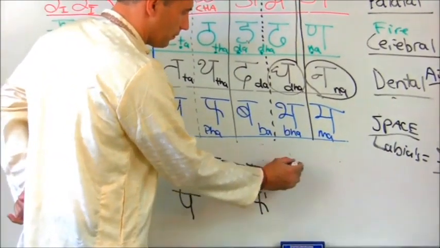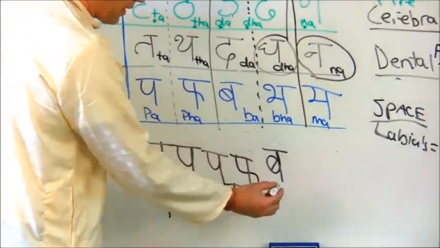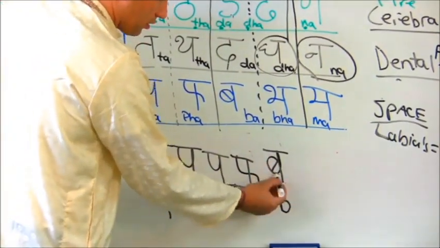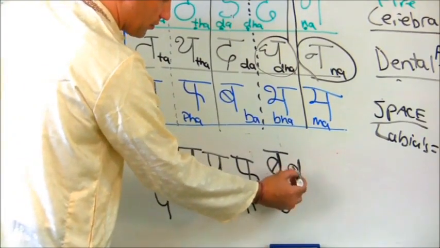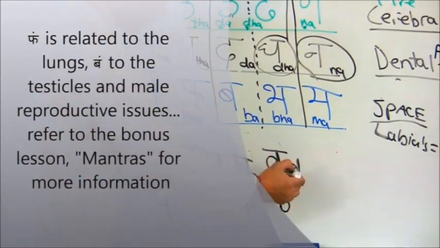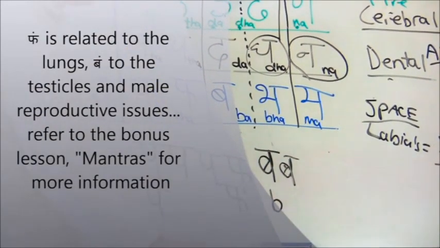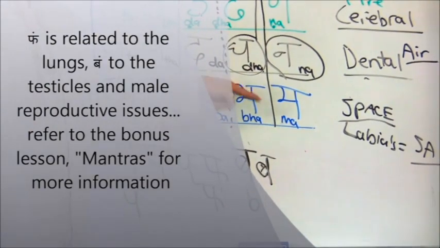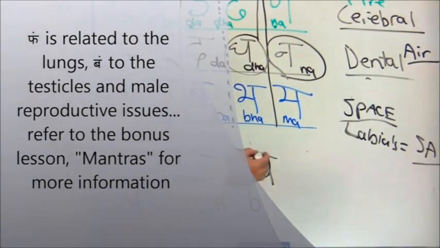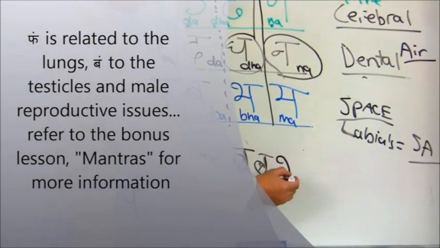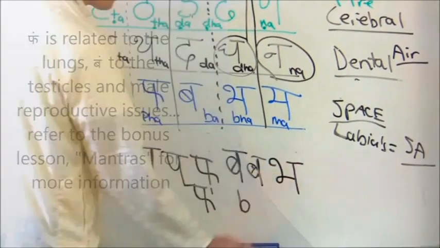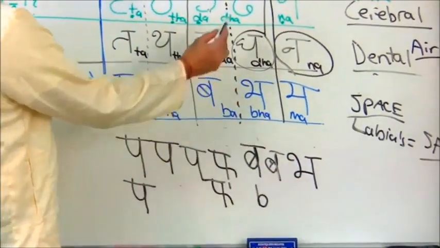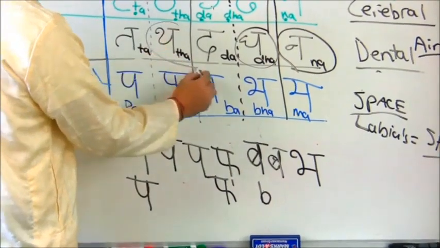Then B. Again, kind of like a backwards B. Like here's what our B looks like, right? If you flip that, it's kind of like this, a backwards B. Okay? And then B. Here is B. Try not to make this B look like a T. See this?